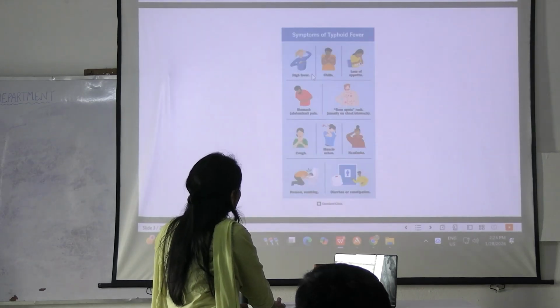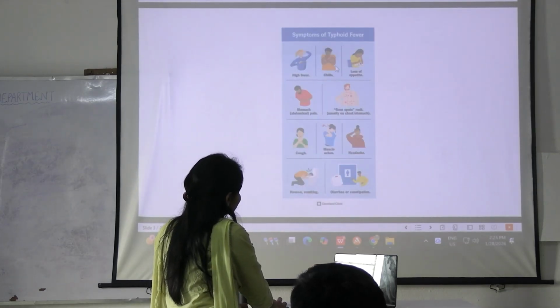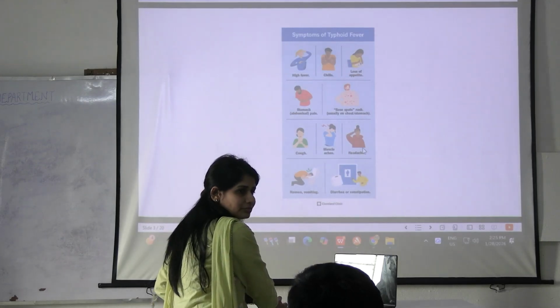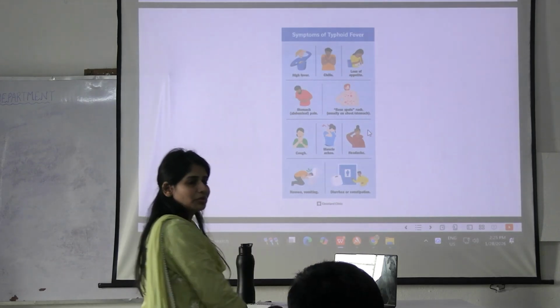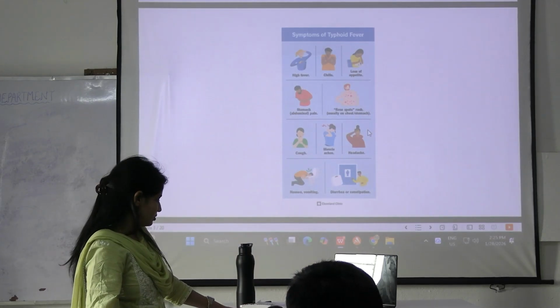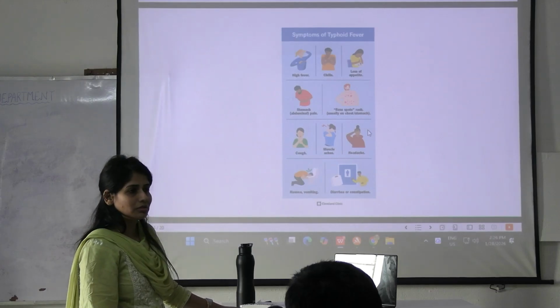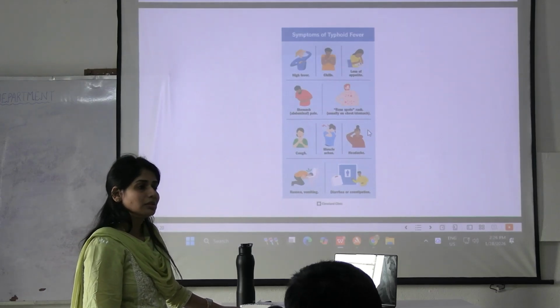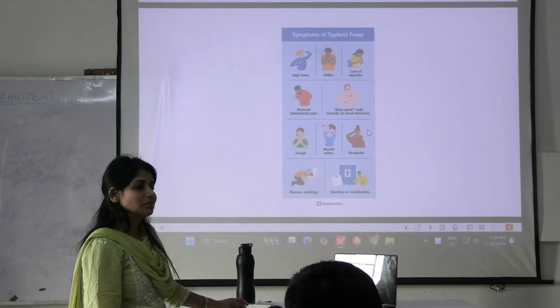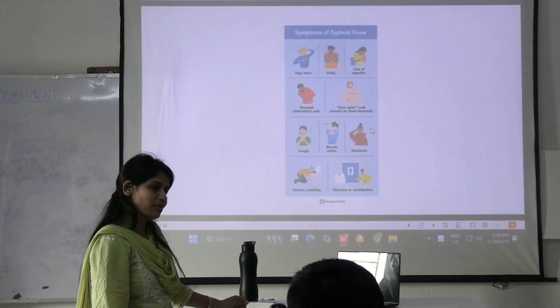You will get symptoms like these. Right? What is the important symptom here? Fever, remittent type fever with step ladder pattern. Okay, what is step ladder pattern?